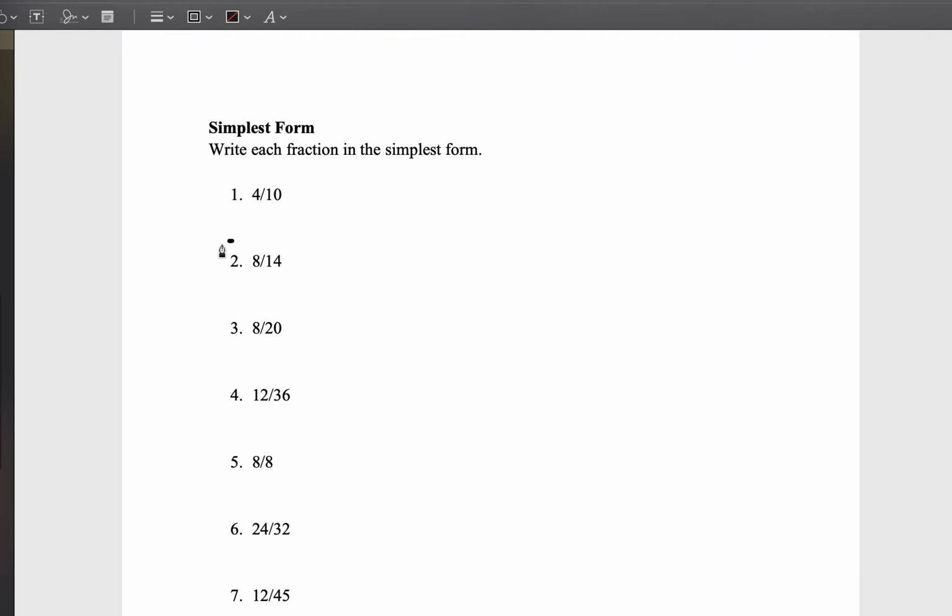For simplest form, write each fraction in the simplest form. This one would just be finding the greatest common factor and dividing by it. So, 8 over 14. Now, what is one greatest factor that we could find in both of them? Obviously 2 is one. I don't think 4 can go into 14. Let's try 2.